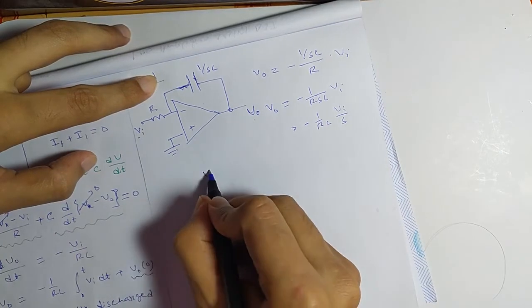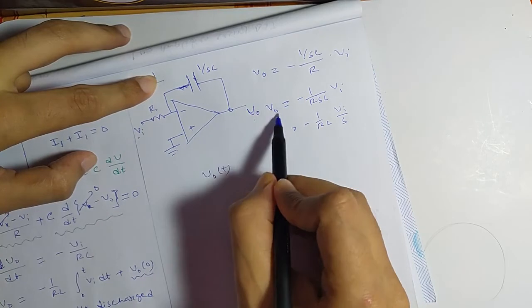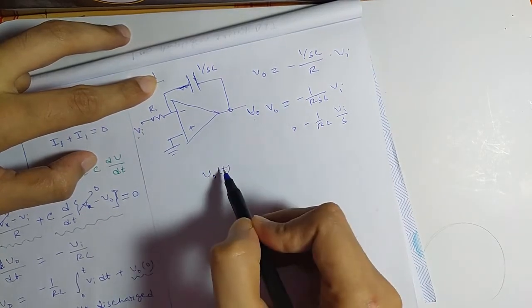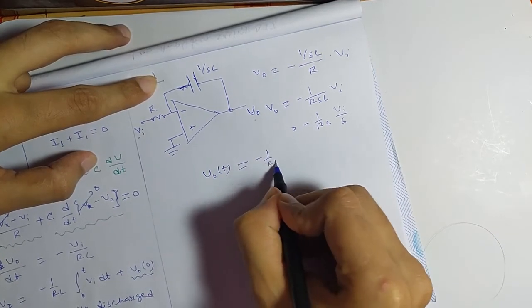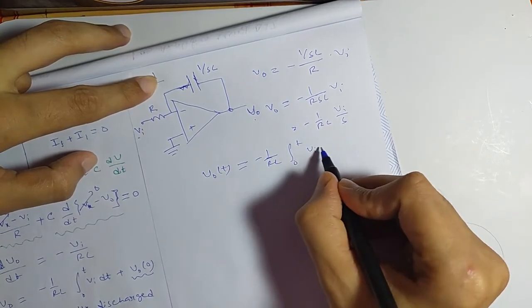So V0(t), notice here that is the Laplace domain V0 and that is the time domain. So the inverse Laplace transform of this equals minus 1 by RC integral from 0 to t of VI dt.